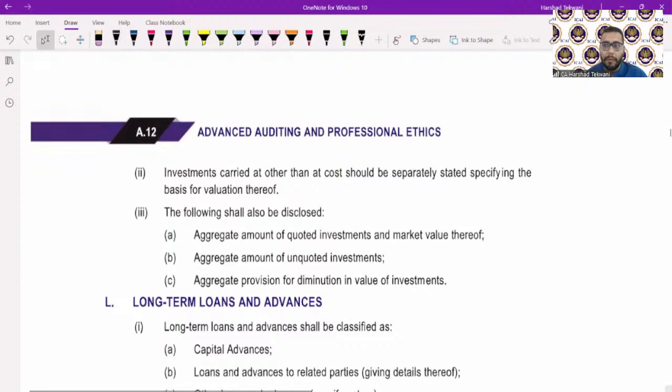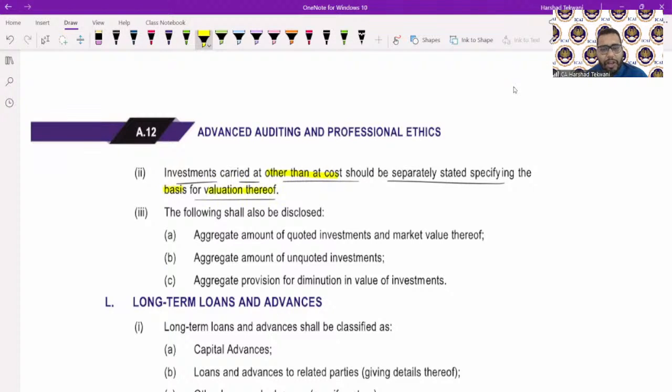Then investment carried at cost and investment carried other than at cost should be separately stated, specifying the basis of valuation thereof. If you are carrying an investment at something other than cost, let's say fair market value, net realizable value, or any other way of valuation, then you need to provide the basis and valuation thereof.